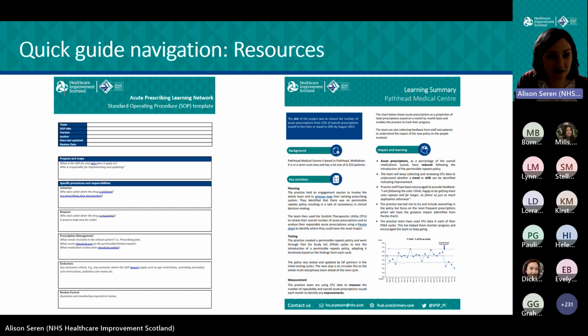There's just one download, which is the first screenshot here of the standard operating procedure template. And then they're quite short resources to look through. The other screenshot here is a learning summary from one of our practices from the Acute Prescribing Learning Network. It's a 1-page summary of their project and the learning from that.